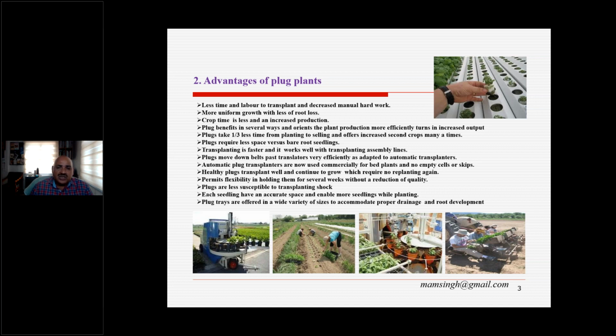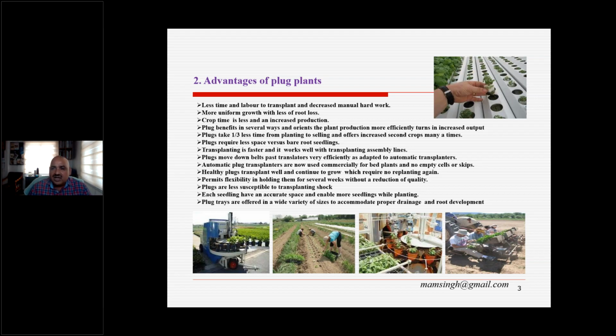It is also hardy enough to survive changes of environment, because the root is the major part which is almost protected and established very fast, and they are very suitable for planting in any type of system.